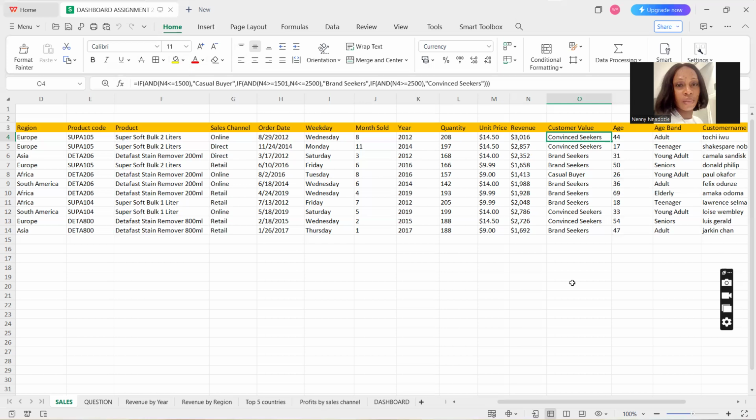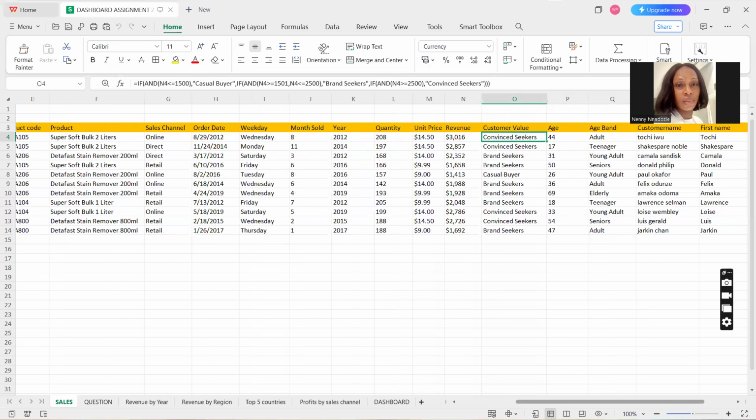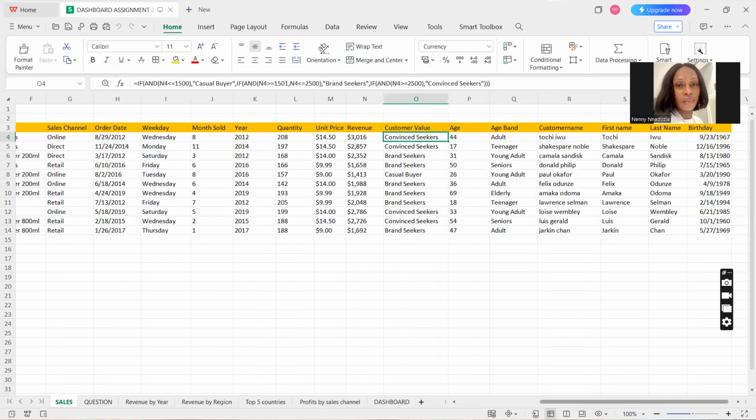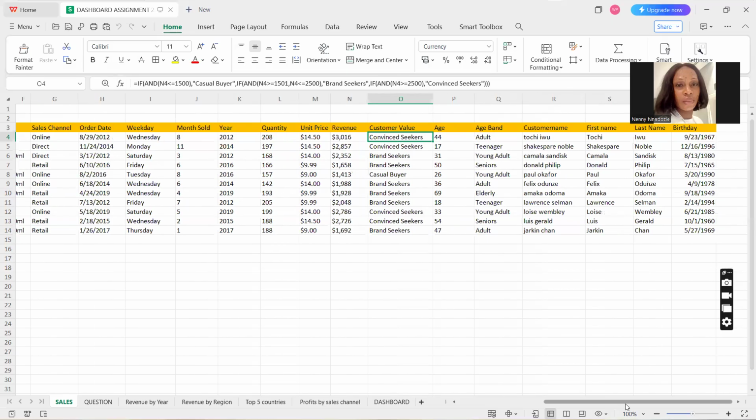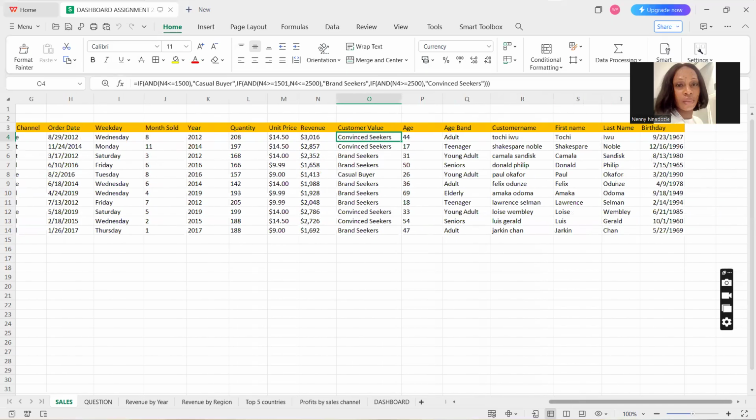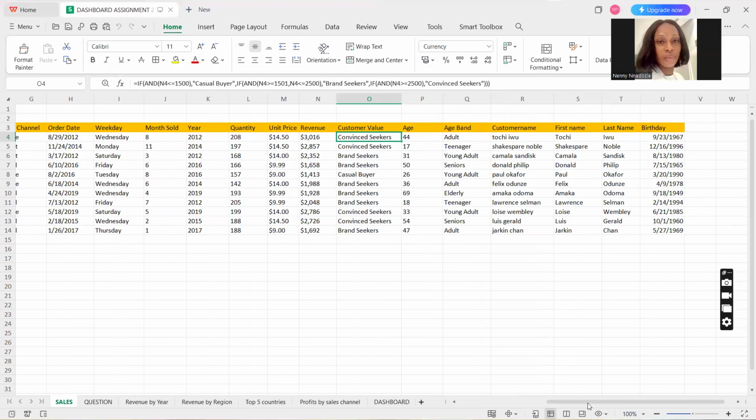So the customer age is here too. The customer age band: adult, teenager, young adult, and so on. Customer name is divided into the first name and the last name. Then the birthday is also here.